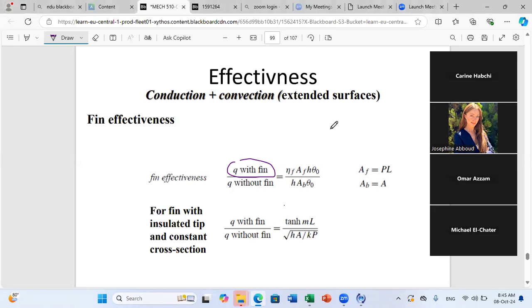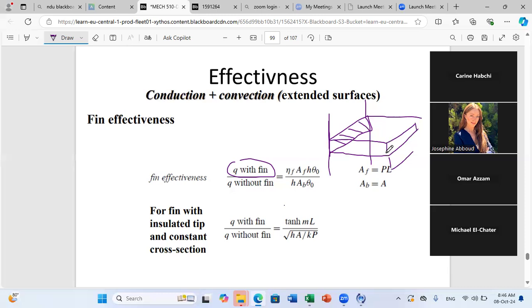For example, you know that if I consider a certain surface, the fin will occupy a certain area of the base. So in case the fin is not present, let us consider the following wall, okay? And you have here, this is, if you want, the area where the fin will extend. And the fin is extending in this way, okay?